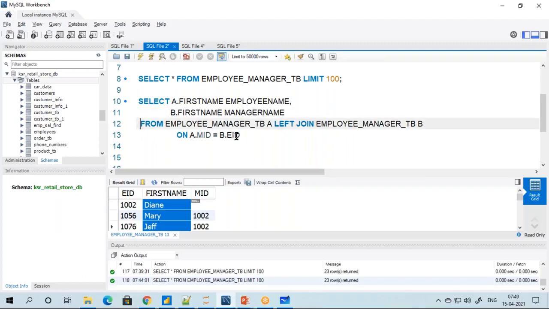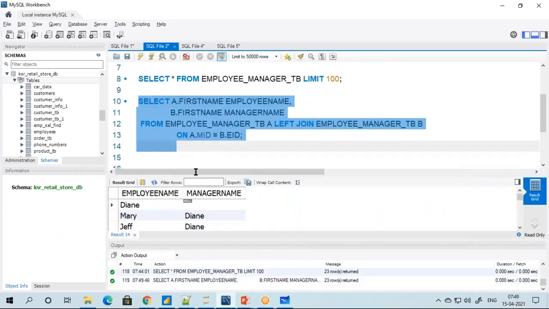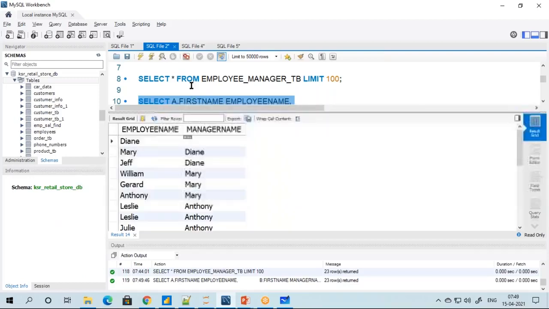Okay, I'll repeat it. The first time, it is always going to be difficult to understand, so I will be repeating it. Now if I run this, Dine's manager is null because she did not have any manager. She was the CEO.